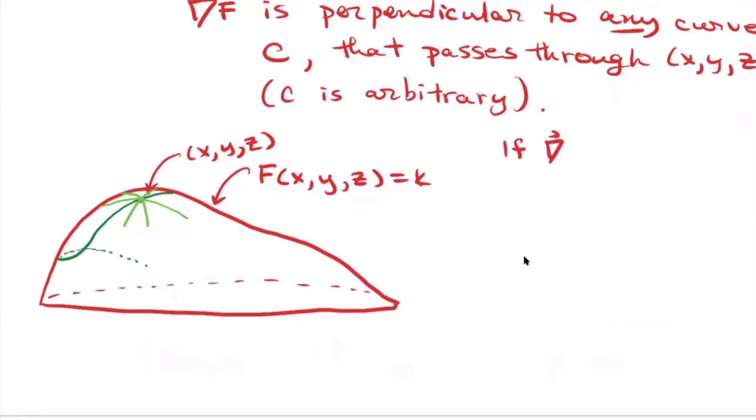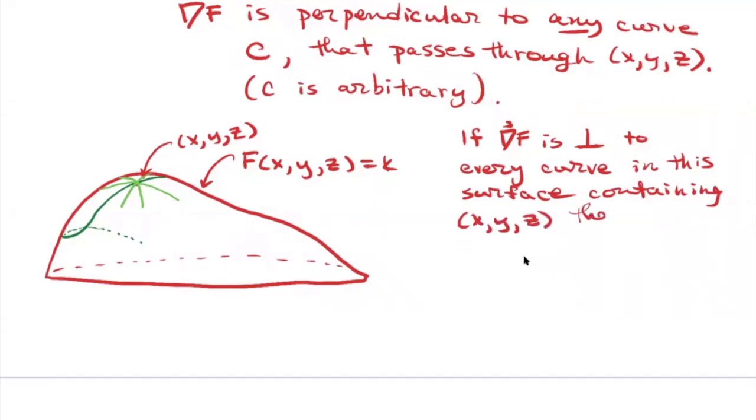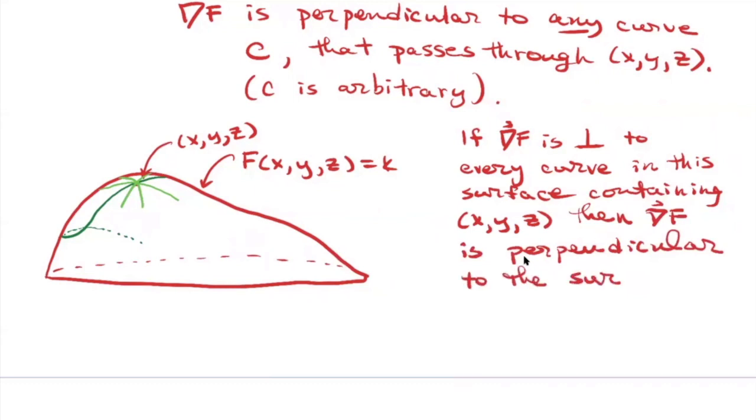If gradient of f is perpendicular to every curve in this surface containing the point x, y, z, then the gradient of f is perpendicular to the surface at the point x, y, z.